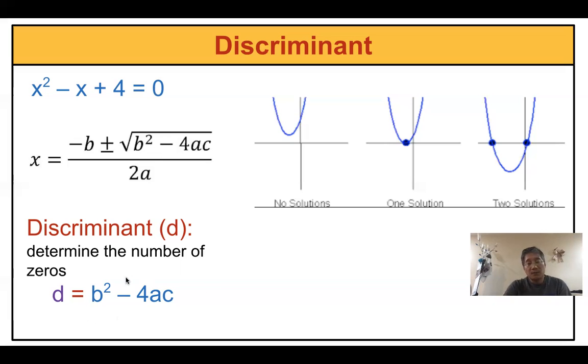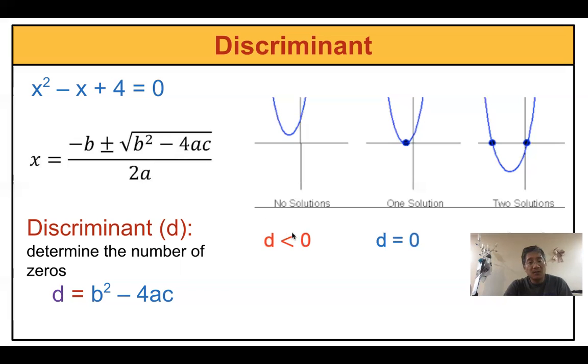For example, if this is negative, what happens? If you put the square root of -4 in the calculator, what do you get? Error, right? The square root cannot have a negative number, because it's not a real number anymore. We call it imaginary.